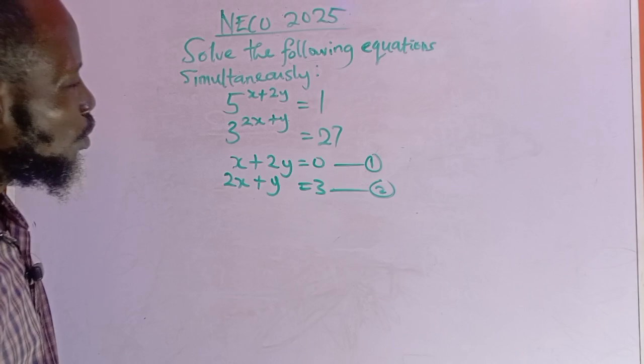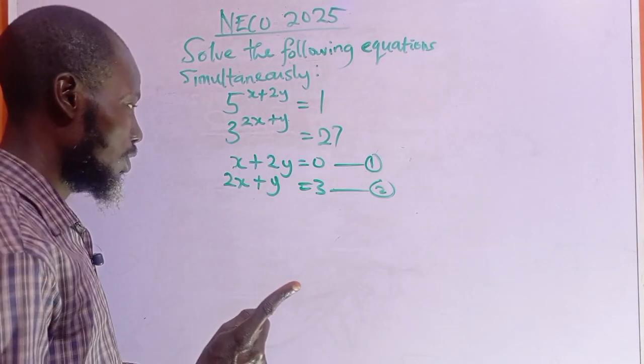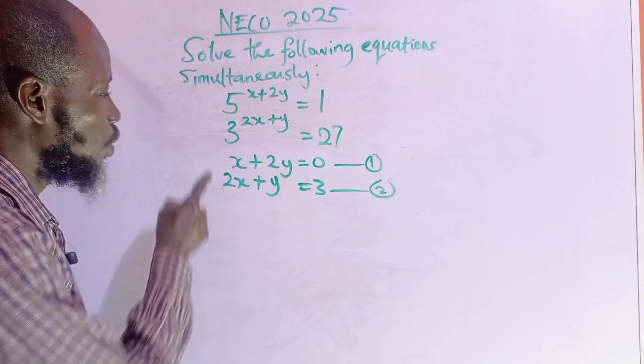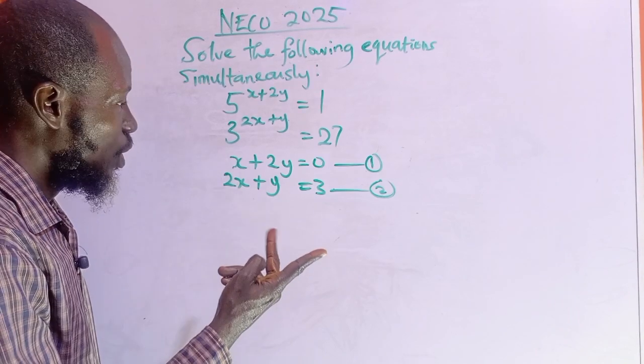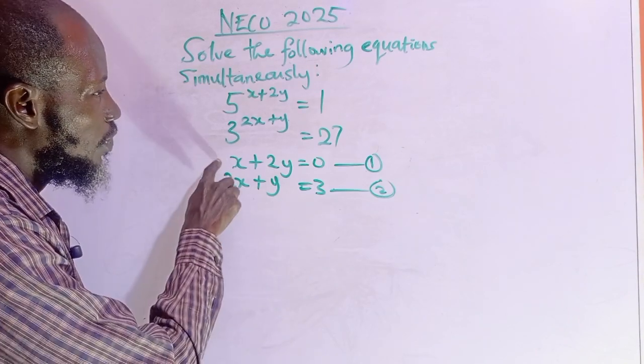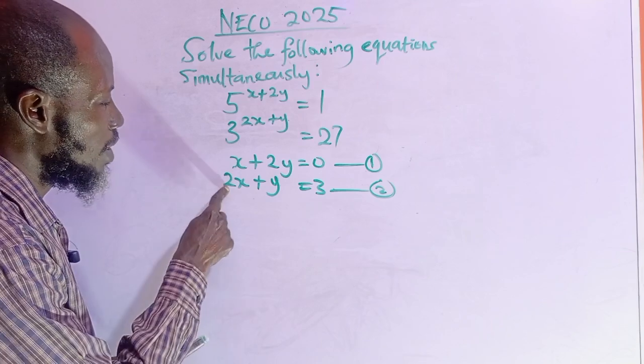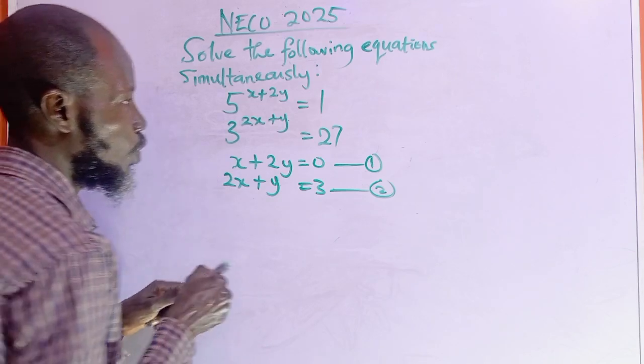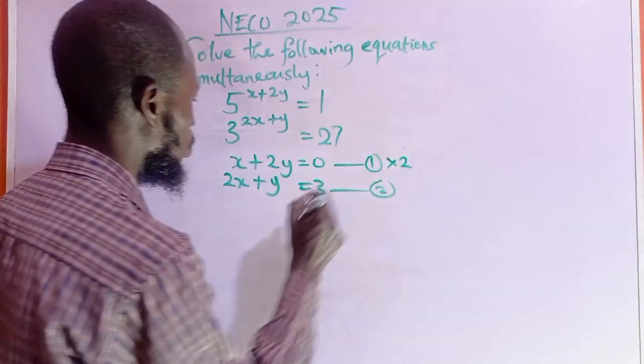The first thing we need to do is use the elimination method. It's to ensure that whatever you want to eliminate has the same coefficients. So for equation 1, we are going to multiply by the coefficient of x in equation 2, so all of this is multiplied by 2.